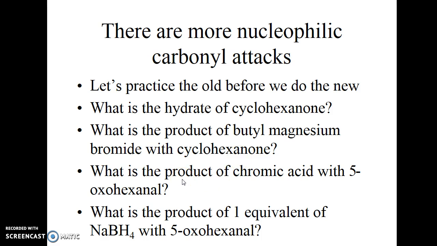Then determine what is the product of chromic acid with 5-oxohexanal. And then what is the product of one equivalent of sodium borohydride with 5-oxohexanal. And then I have another problem for you to do when we get through with these. But pause, and try to figure out what the answers to these would be, and restart the lecture.